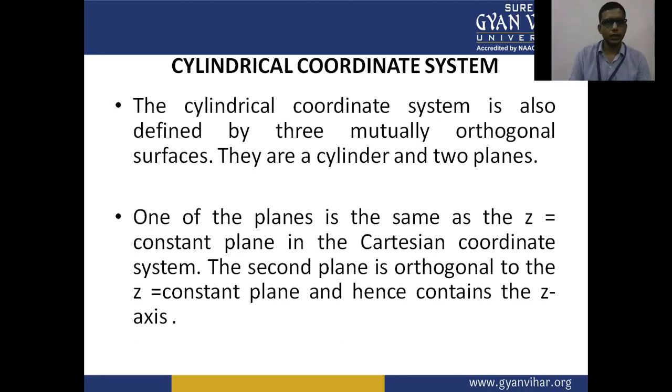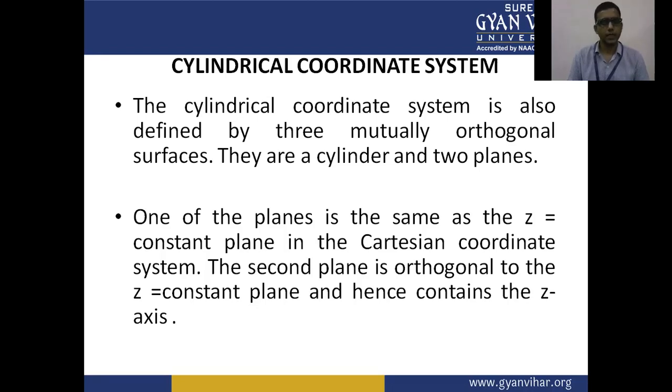The cylindrical coordinate system is also defined by three mutually orthogonal surfaces. They are a cylinder and two planes. One of the planes is the same as the z constant plane in the Cartesian coordinate system.